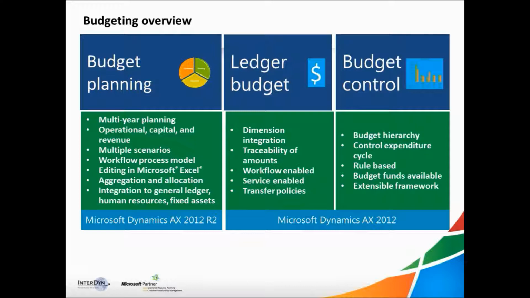We can do operational, capital, and revenue. There can be multiple scenarios. They're actually unlimited. And you're using the workflow process model. And again, different departments can have different workflows. And what you're doing is you're getting the flexibility of Excel. That's where there's more than one way to enter the budget information.